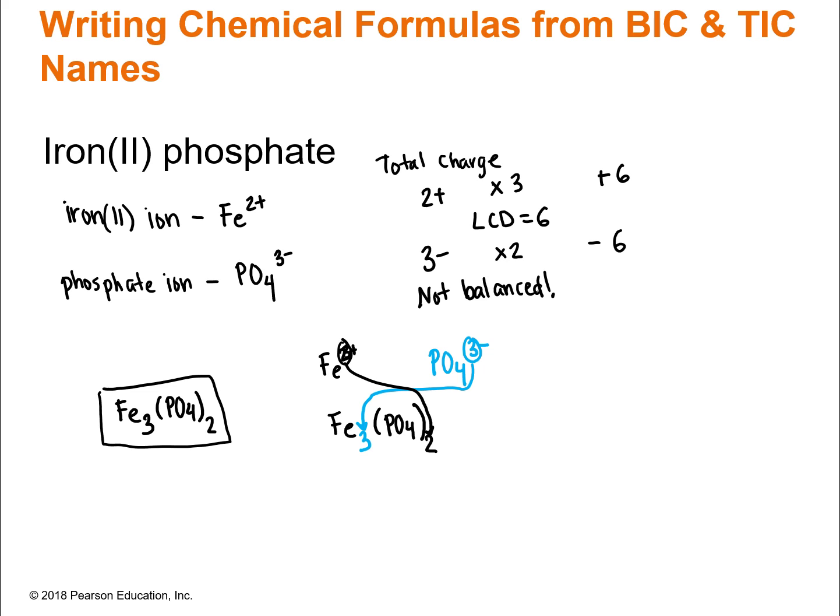So those of you who participated, you got the idea. Just don't forget that PO4. It'll be multiple choice, and that could be one of the choices, but it's wrong.